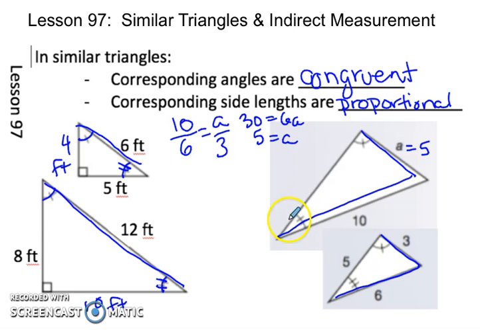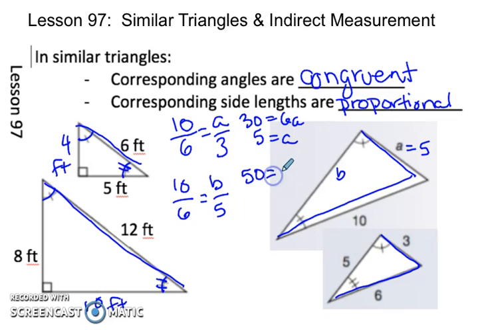All right, so let's find our other side that we don't know. They didn't label it. Let's call it B. Set up a proportion again. So I'm going to start again with that 10 and 6 because I know that 10 over 6 is going to be equal to, I'm going to jump back up, B over 5. Cross multiply again.